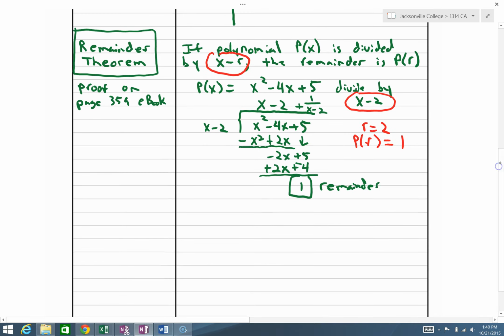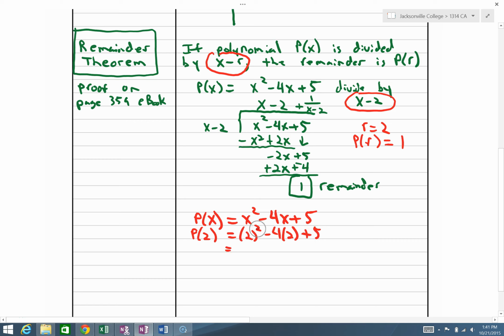Well, let's see if it does. My p of x, my polynomial, is x squared minus 4x plus 5. And we are hoping that when I substitute 2, it's going to yield 1. So does p of 2 map to 1? 2 squared minus 4 times 2 plus 5.